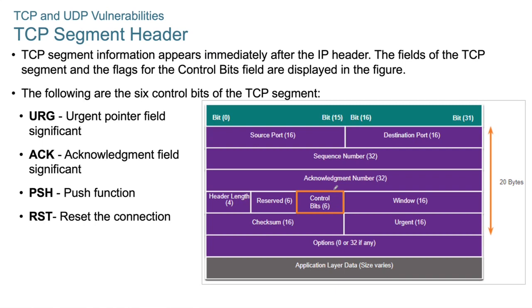If this reset bit is captured by an attacker, the attacker can reset the connection and become the legitimate user, and the victim is disconnected from that network. Then another bit is the synchronization bit, which synchronizes the sequence numbers of your packets from source to destination.